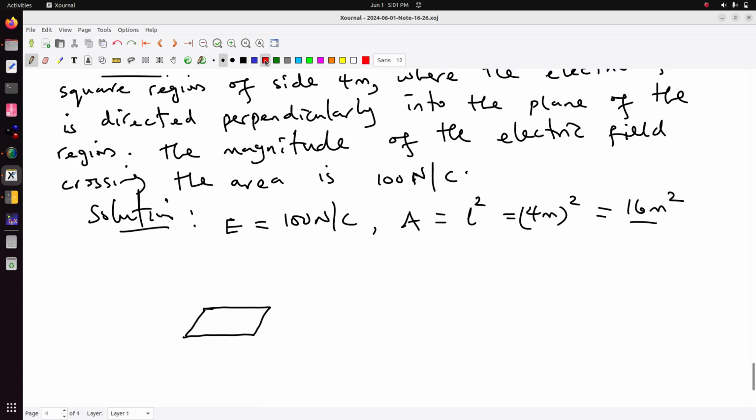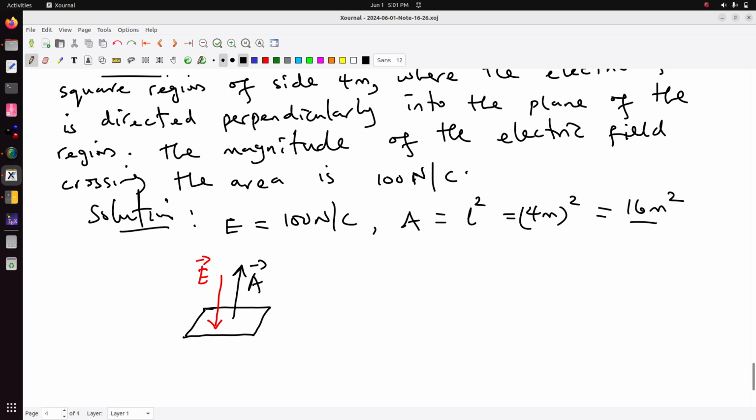So this is the electric field. Now, what about the area? Again, as I explained earlier, the area vector is always perpendicularly outside the plane. So this is the area.